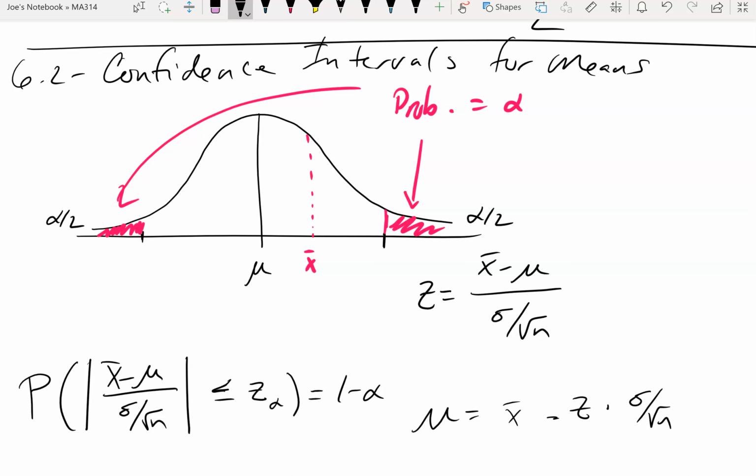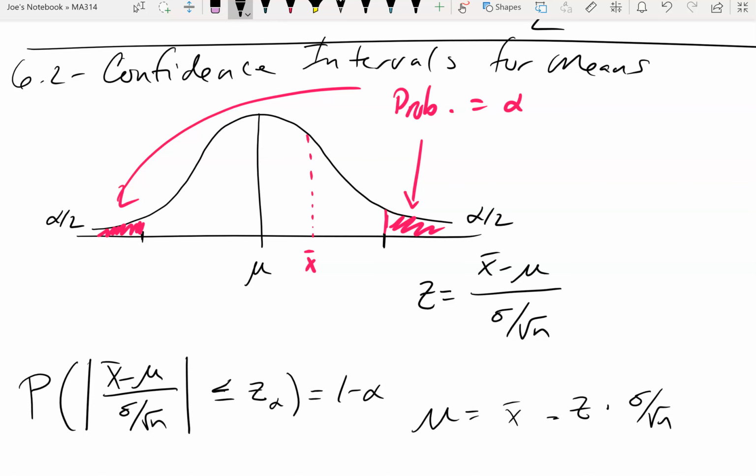Okay? So what we're going to do, this alpha is we choose it. We get to choose what the alpha is. Alpha is a choice. We choose how confident we are that the X bar, the sample mean, is close to the population mean.